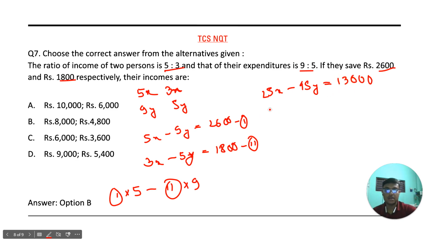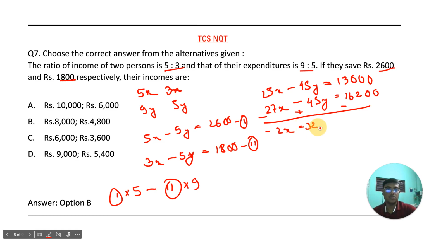And then we'll be multiplying 2 with 9. So 27x minus 45y equal to 18 into 9, 162, that is 16200. Now we would be subtracting 2 from 1. We have minus 2x equal to minus 3200. This implies that 2x equal to 3200, so x equal to 1600.